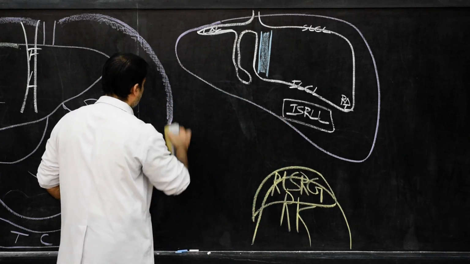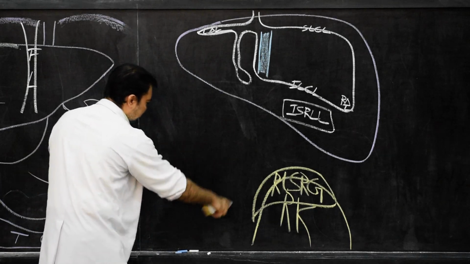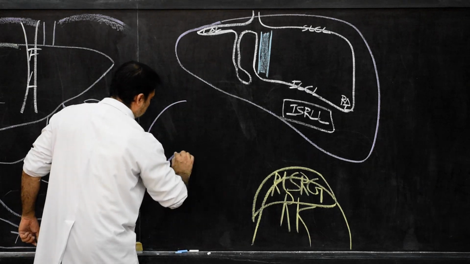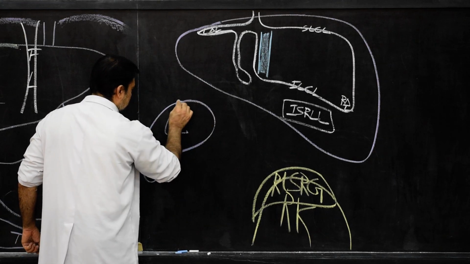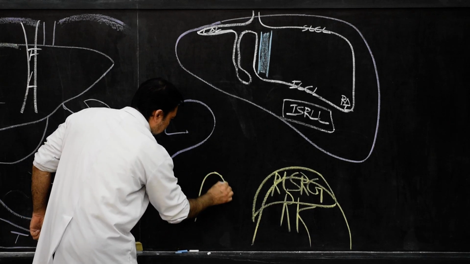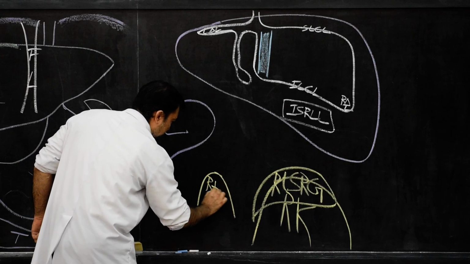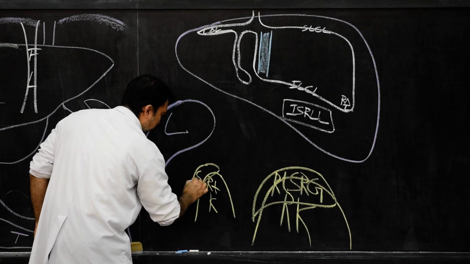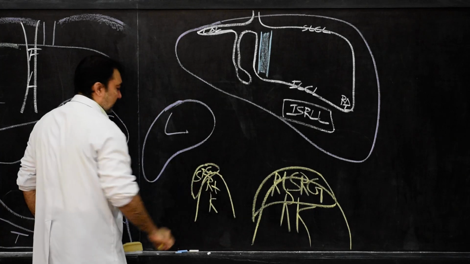For example, if I show over here at this level, just in a sagittal section, this will be the liver sagittal section, and here this will be the right kidney, and here there will be the sagittal section of the suprarenal gland, right side.